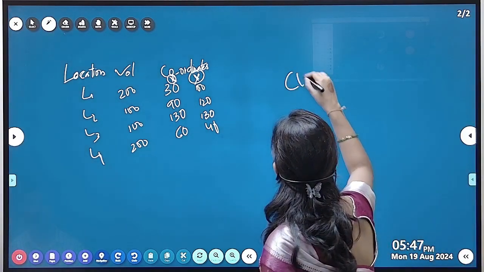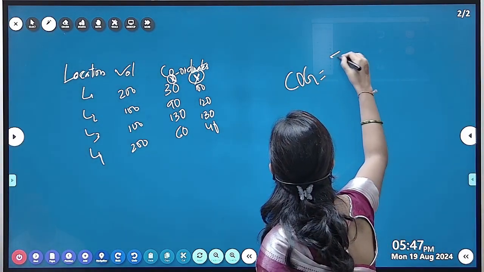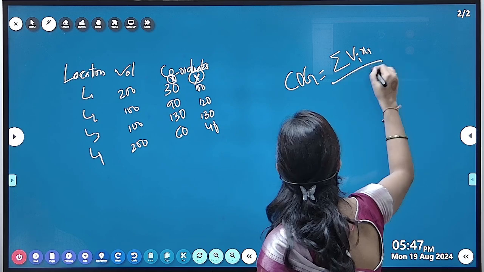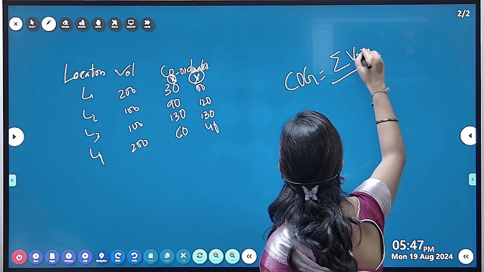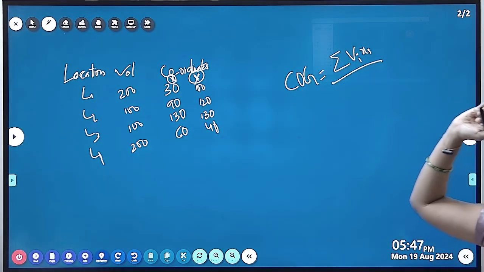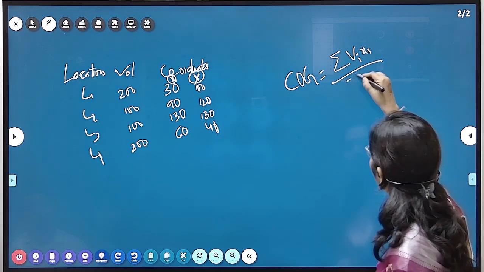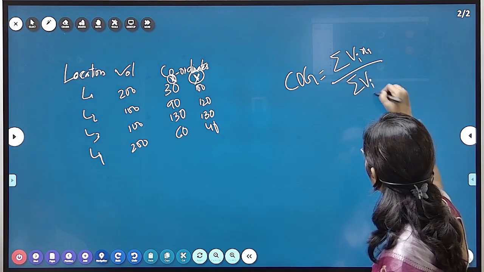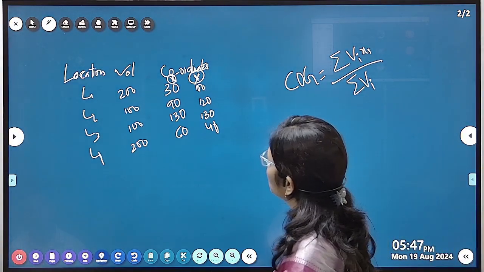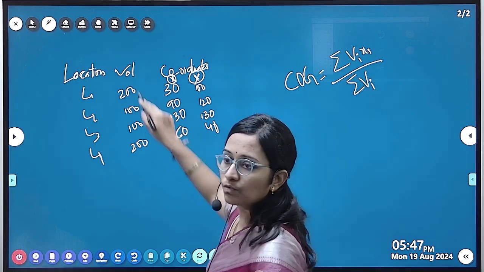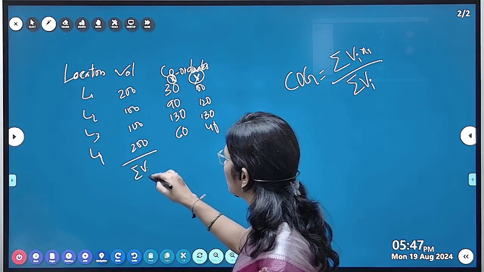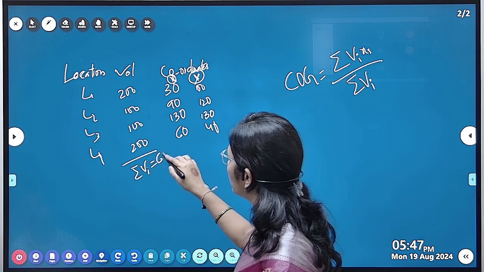The center of gravity formula is summation of Vi into Xi divided by summation Vi. So what is Vi? Vi means volume. So what's the total summation of Vi? 600, right?